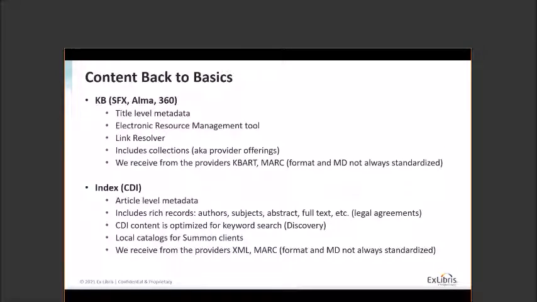For this, CDI includes rich records, which means that we have the authors, the subjects, the abstract, and the full text. Not always, but in some cases, we actually index all the full text of the article. It will not be displayable, but the keyword match will work on it. The thought here is to index all these fields and many more in order to find the best match for the user's query in the UI.